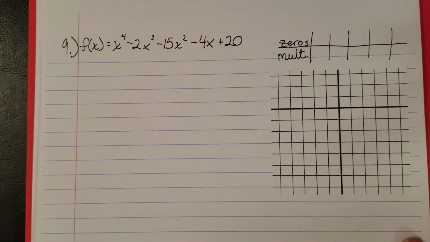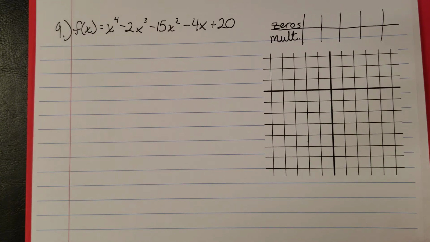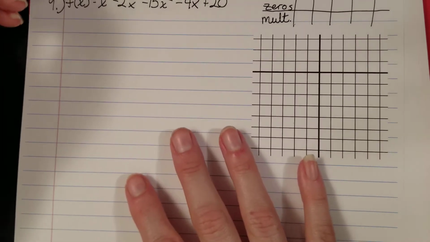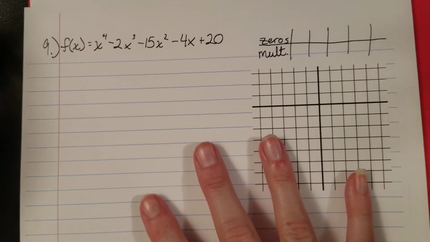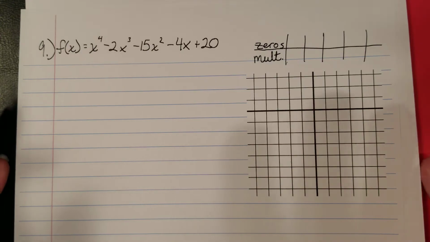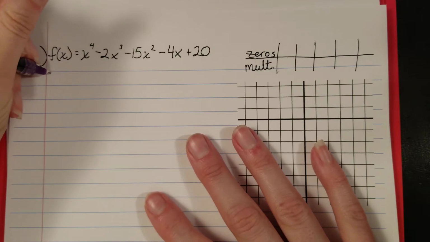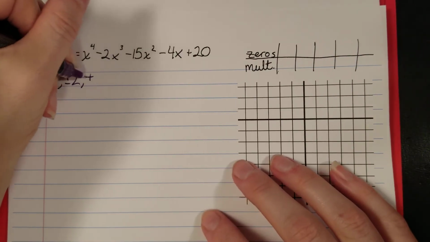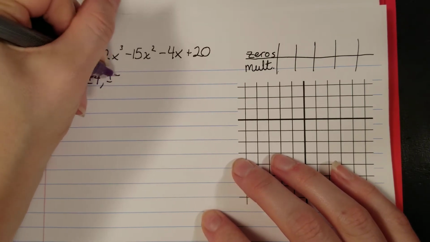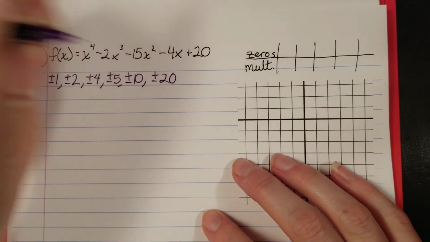All right, so again, we're going to start off by writing down our list of possible rational zeros, which are just going to be the factors of 20. So that would be plus or minus 1, plus or minus 2, plus or minus 4, plus or minus 5, plus or minus 10, and plus or minus 20.